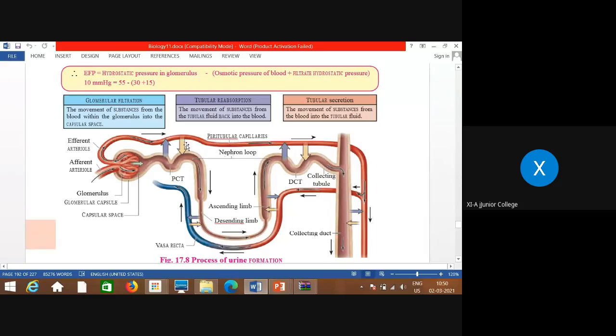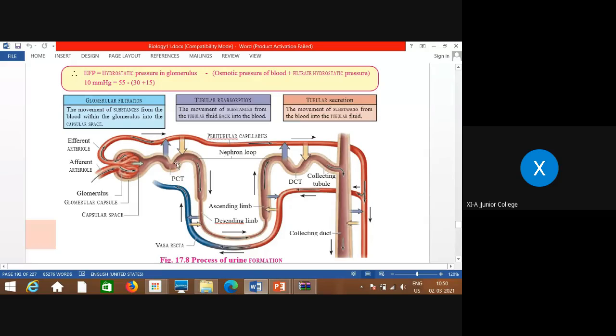So it is the movement of the substances from the tubular fluid back into the blood. Why is it told back into the blood? Because the entire area here is covered by the blood vessels, isn't it? So the cells in the walls of the PCT or in the tubular region have this capacity to reabsorb.